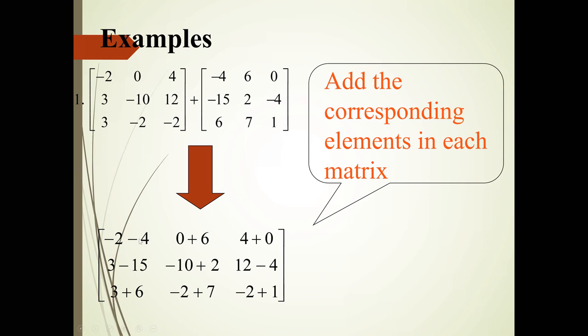So if you look carefully at our results, you would realize that when we simplify, we should end up with also a 3 by 3 matrix.